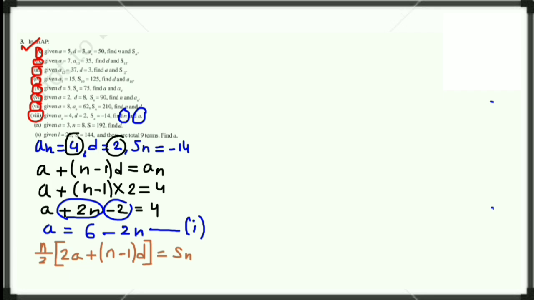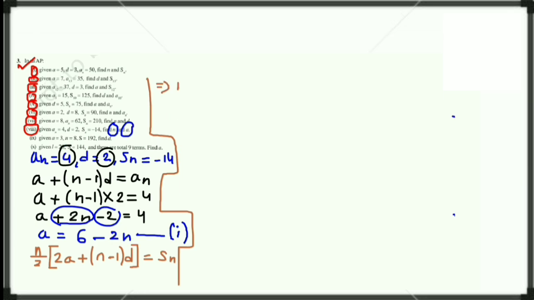Okay, over here n by 2, 2 into a equal to, we have in equation 1 6 minus 2n, 6 minus 2n plus (n minus 1) into d equal to, we have 2, and Sn is minus 14.